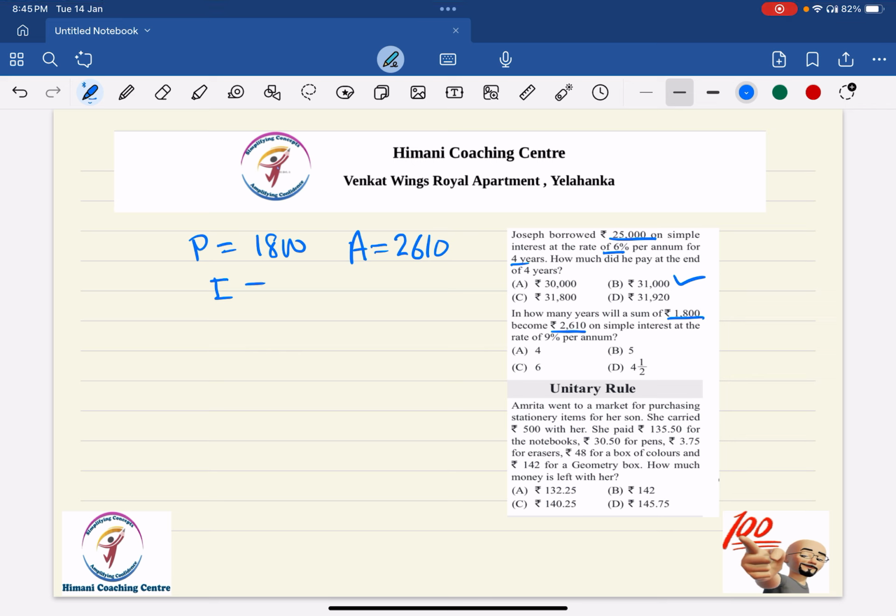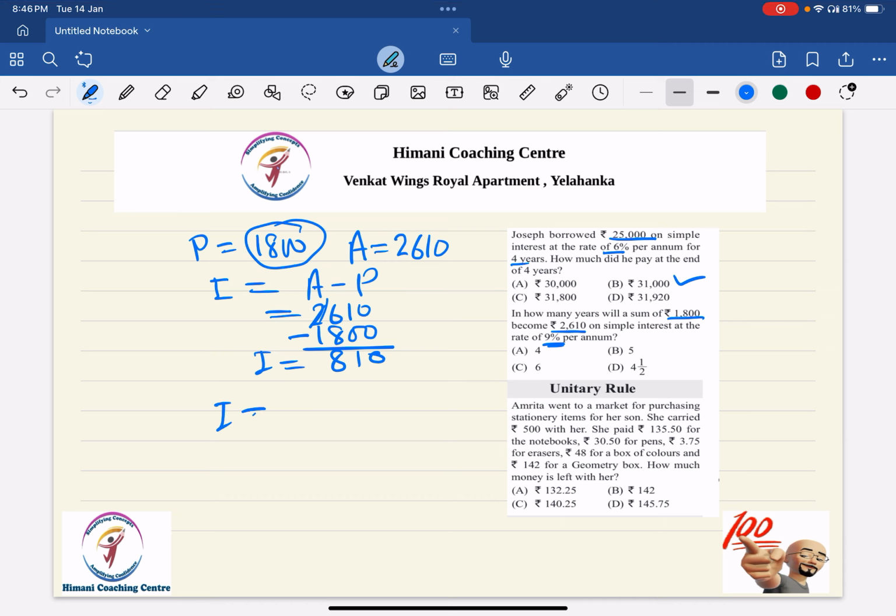So we first need to find the interest. Interest is amount minus principal. So 2,610 minus 1,800. The interest is 810, principal is 1,800, rate is 9%. We have to find time.